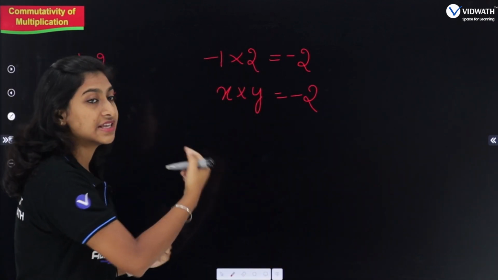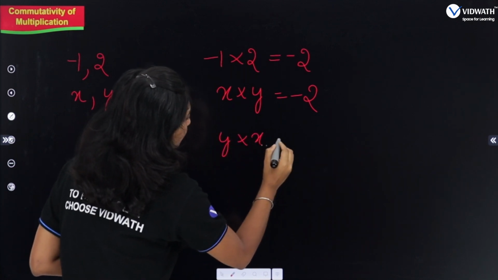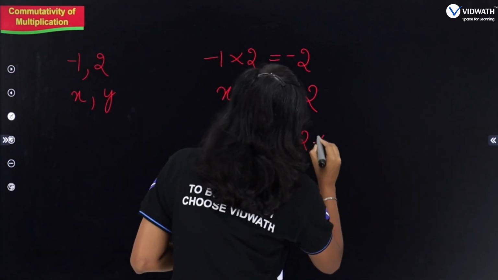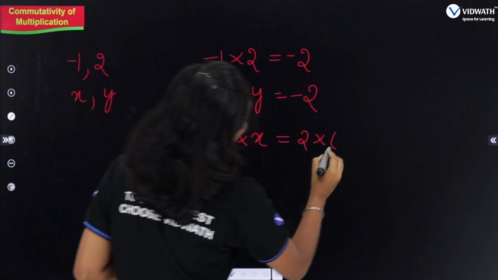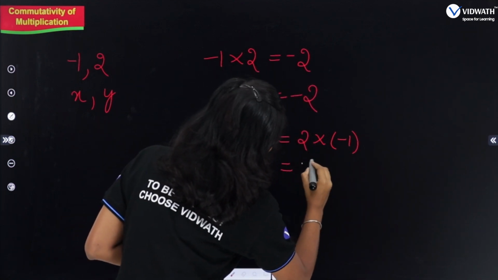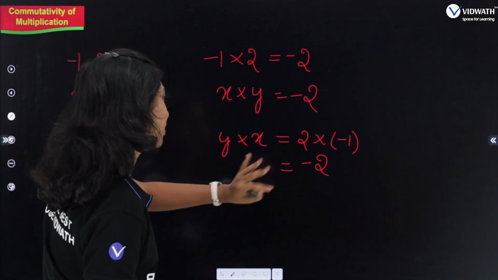Now I'll interchange these integers, that is y into x, which is equal to y is 2 into what is x? Minus 1, which is equal to 2 into minus 1, which is minus 2. It is also a negative integer.